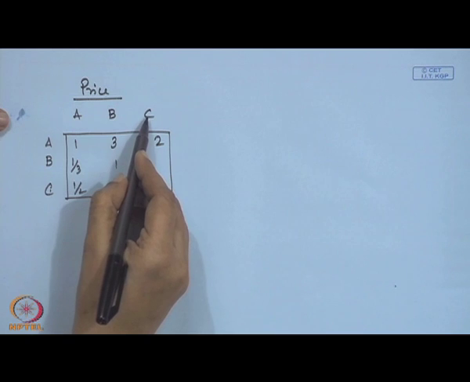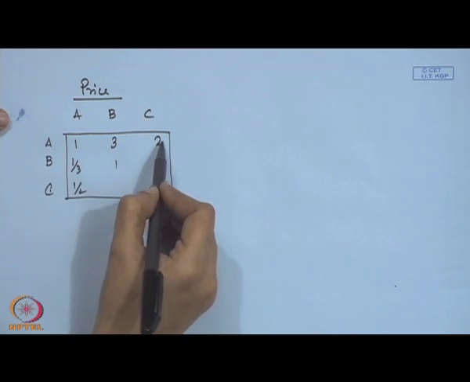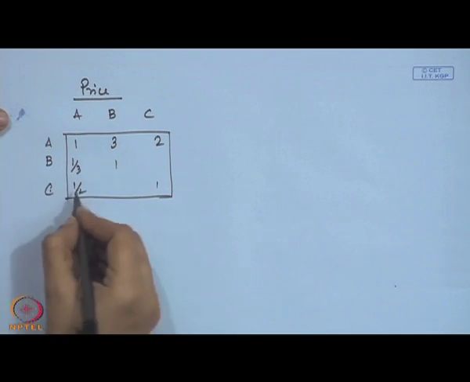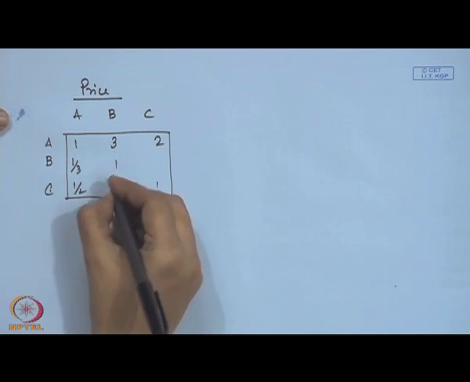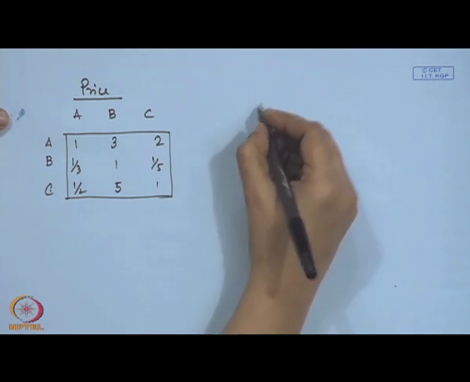If importance of A compared to C is 2, then importance of C compared to A is 1 by 2, that is the idea. And this is 5, this is 1 by 5. This is the information regarding price.